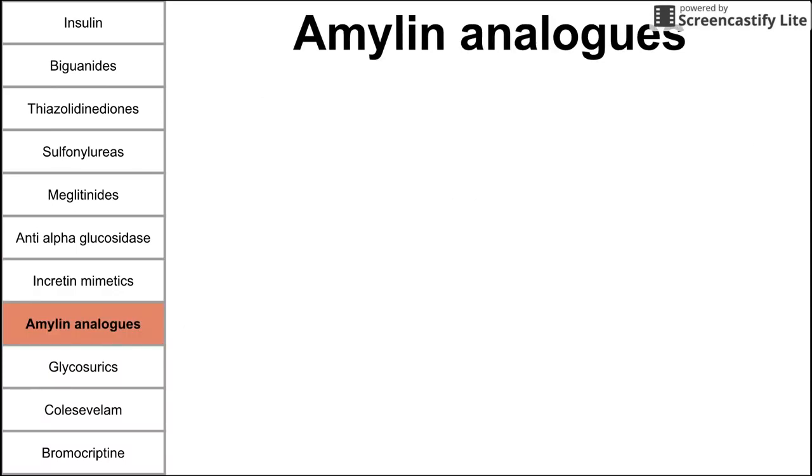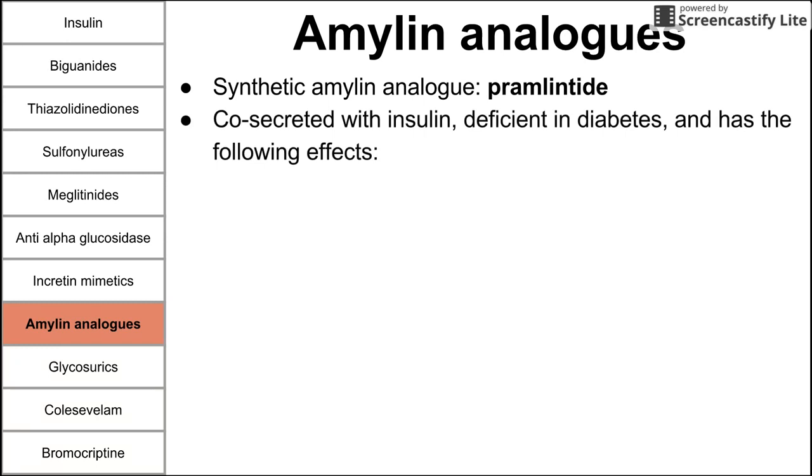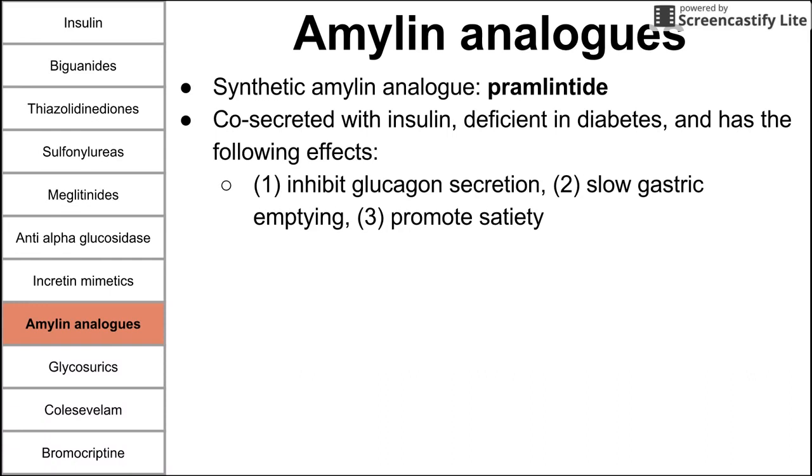Next group of drugs is the amylin analogs. So there's a synthetic amylin analog called pramlintide. Now, amylin is usually a molecule that's co-secreted with insulin in the body. Some people call it the second blood glucose decreasing hormone. So it has the following effects. It inhibits glucagon secretion, it slows gastric emptying, and it promotes satiety.